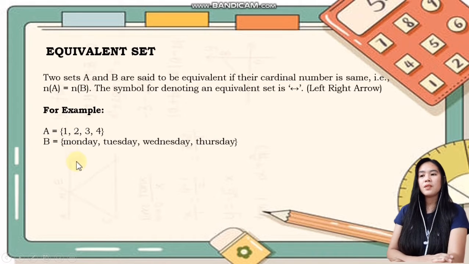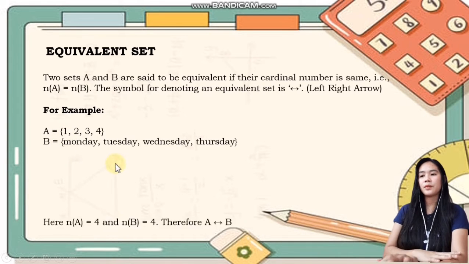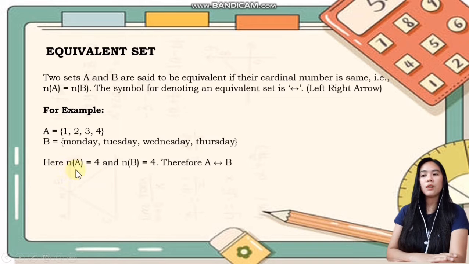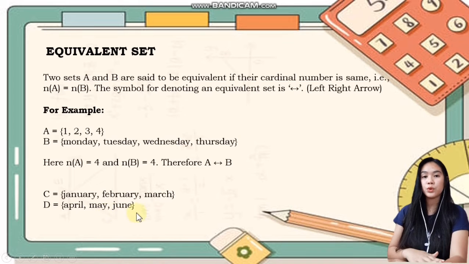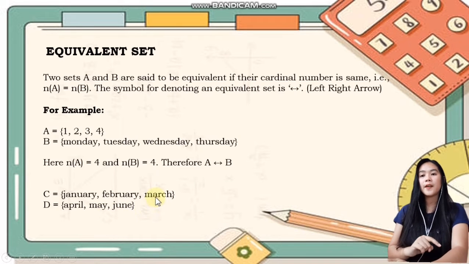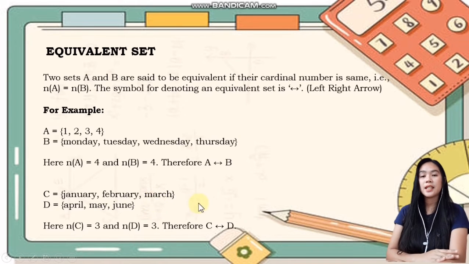Because they have the same cardinal numbers. Here, the number of elements in set A is equals to 4 and the number of elements in set B is equals to 4. Therefore, A is equivalent set of B. Another example is set C is equals to January, February, March, and set D is equals to April, May, June. Again, they have the same cardinal number, which is 3. Therefore, C is equivalent set of D.